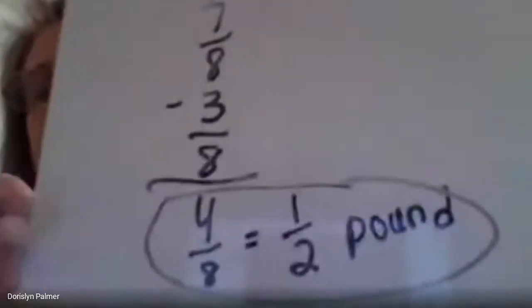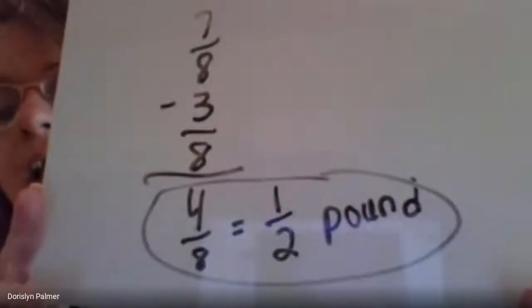Can you simplify 4/8? 2/4. Good. And go one more time. 1/4, or one half. Good. All right. Okay, that was subtraction. Okay, and good job. 4/8, which equals 1/2 pound.